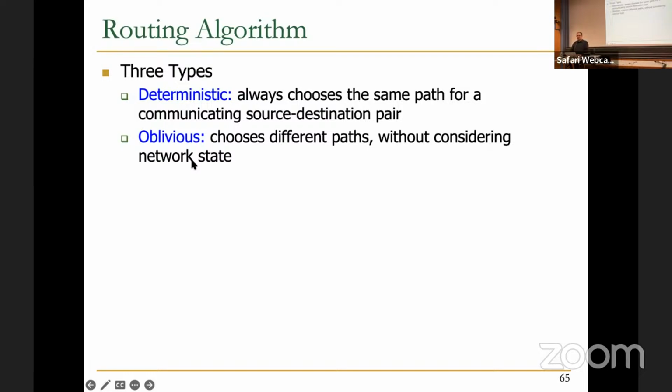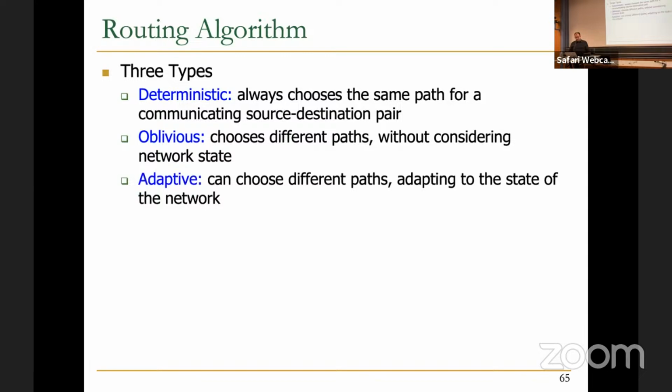It's not intelligent, meaning that it doesn't handle your path diversity nicely. It just says, okay, I have path diversity and I randomly decide based on it. But then you can also have adaptive routing. Then you can choose different paths, adapting to the state of the network. You can see that as we go from deterministic to adaptive, the intelligence in your routing decision is getting better.